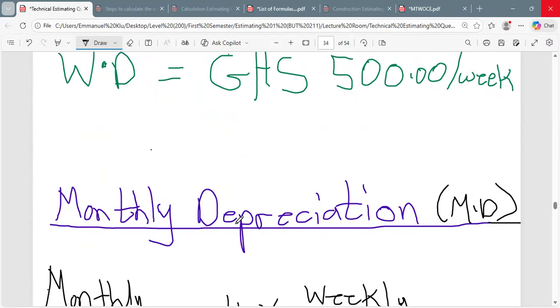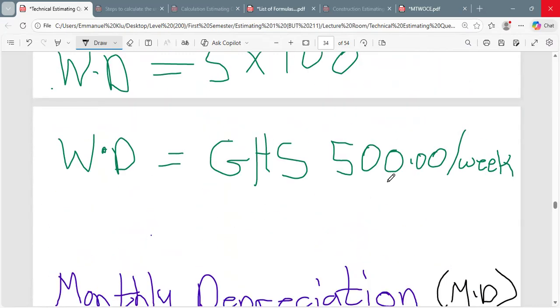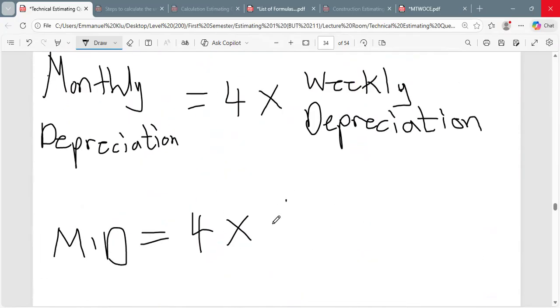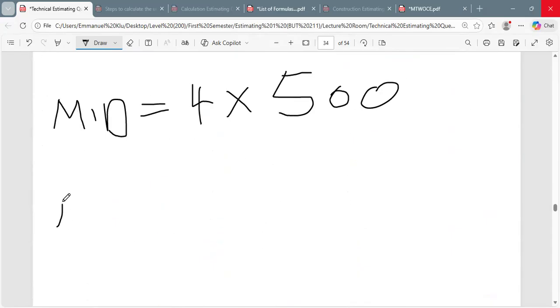The weekly depreciation, what did we get? We had 500. So 4 times 500, what are we going to get?